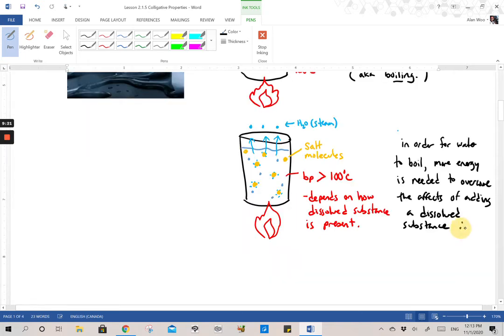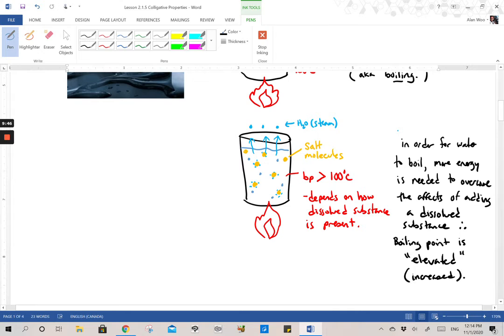Therefore, boiling point is elevated or increased. Okay.